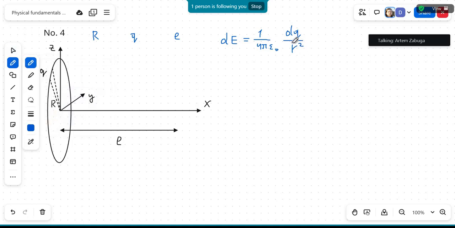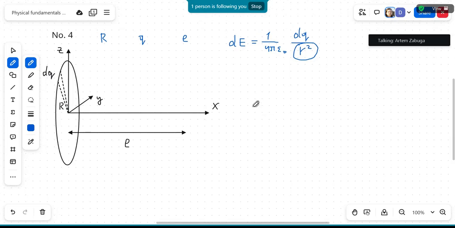In this formula we have distance r. What is the distance between dq and the point where we have to find electrostatic field intensity?